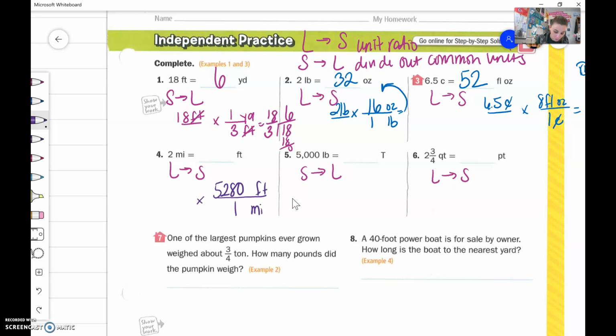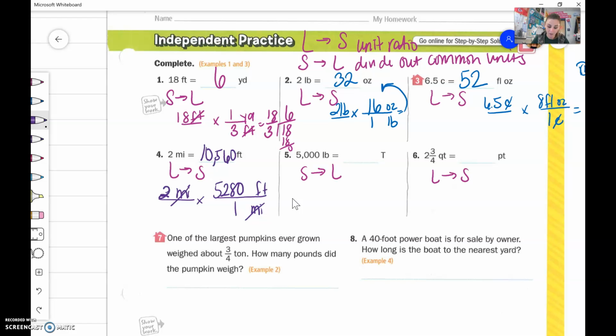And we're multiplying that times 2 miles. I cancel out those miles. Now I'm just taking 5,280 times 2, and when I double that, I get 10,560 feet.